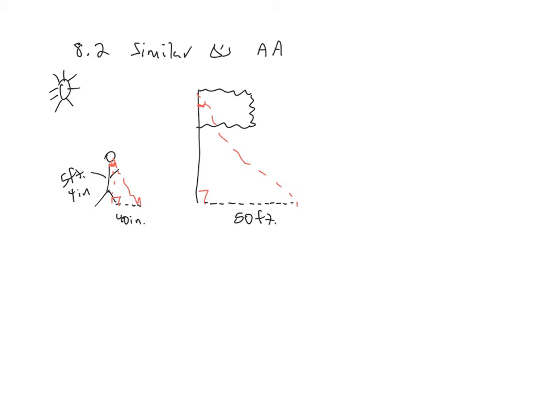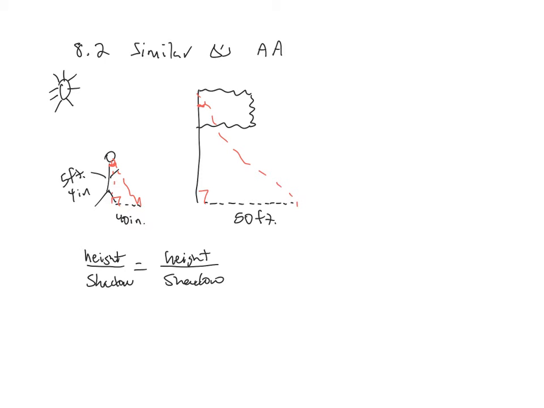So, the proportion you can set up a few different ways. But, if we had the shadow and then the height needs to go with the height. Again, you could do a lot of different ways. The shadow could go on top and your height could go on the bottom.